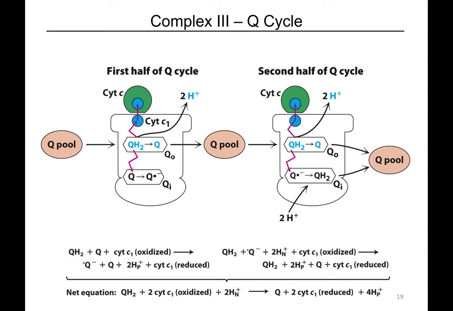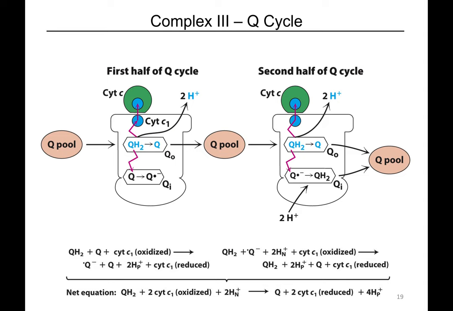This now is the second half of the cycle. The same thing happens. One electron goes to cytochrome C, reduced cytochrome C diffuses away, goes on to complex 4. The other electron is passed down to the QI site where we fully reduce coenzyme Q in the QI site, resulting in a fully reduced coenzyme Q in the QI site, an oxidized coenzyme Q in the QO site.